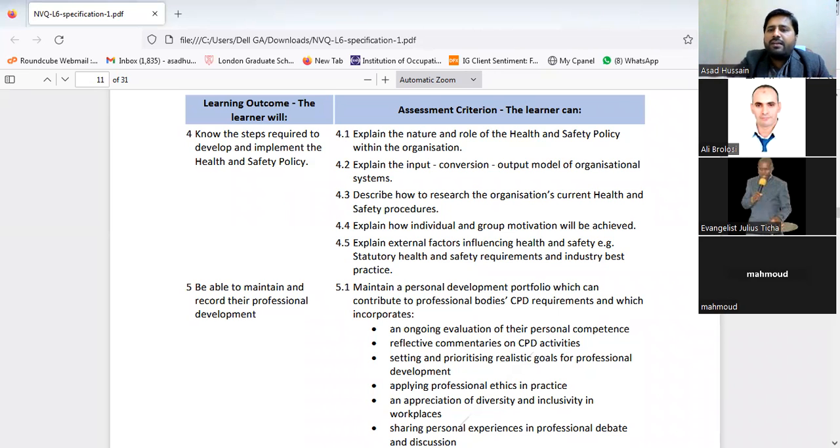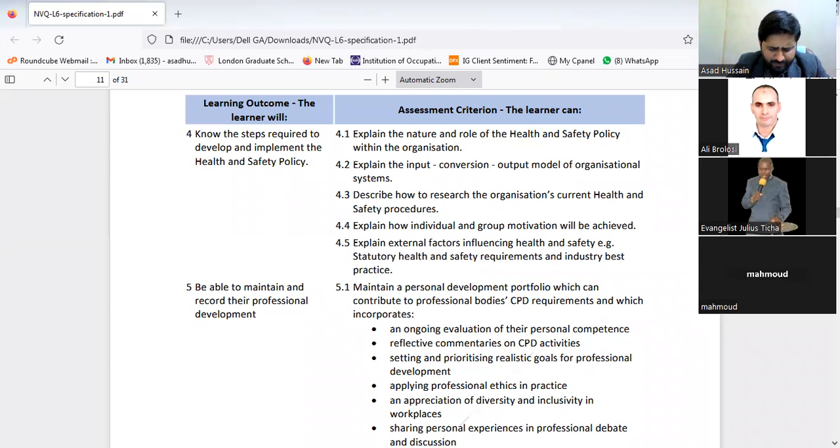But when it comes to safety procedures, there are audits, inspection systems, examination systems, and management review meetings. Those are the methods you use to research how your health and safety procedures are working.